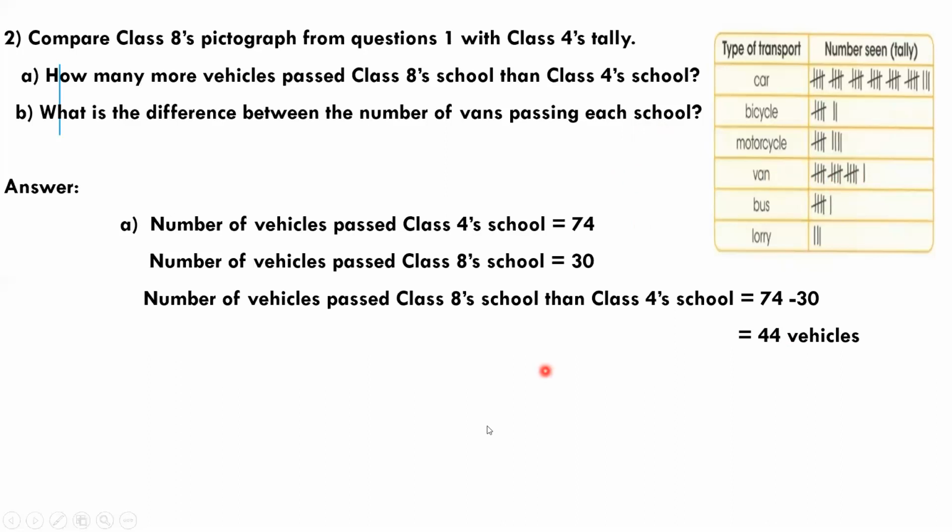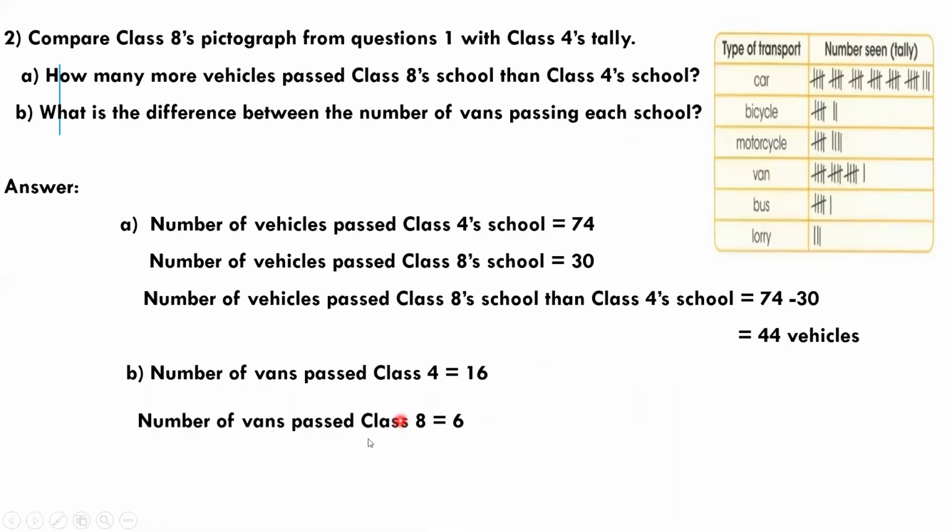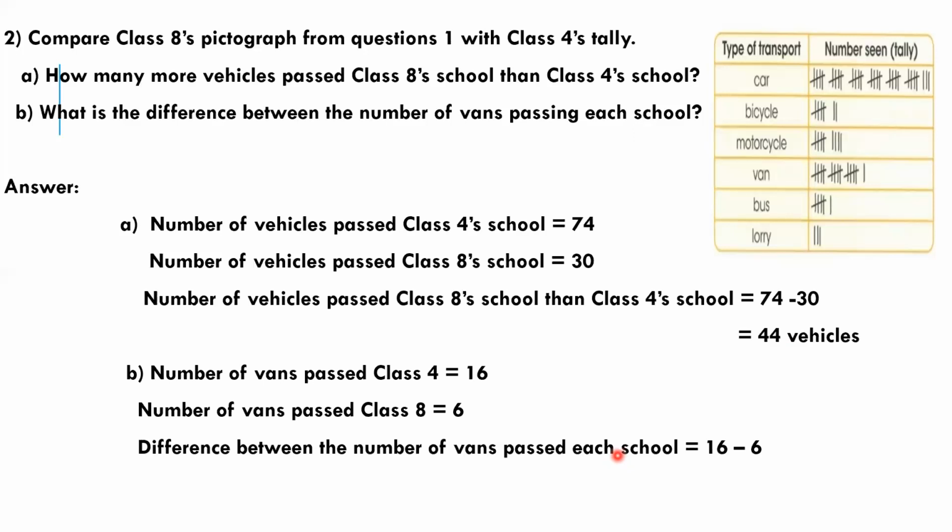So how will you find the answer for the B part? The number of vans that passed class 4 is 16. The number of vans that passed class 8 is 6. Now we need to find the difference. Difference means we need to subtract. So the difference between the number of vans that passed each school is 16 minus 6, that is 10 vans.